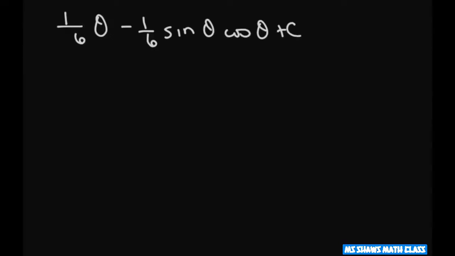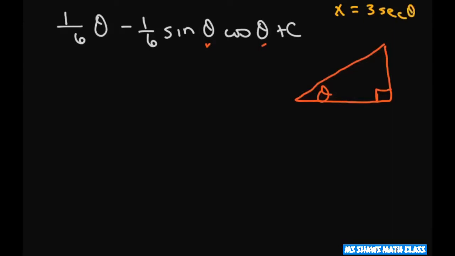Now the problem is, on the indefinite integral, we started with x, but now we have thetas. So let's draw a right triangle and put our angle here. We had x equals 3 secant theta, so secant theta equals x divided by 3.